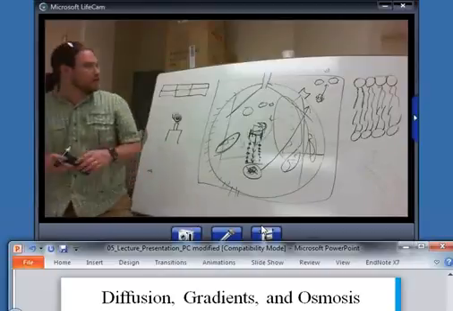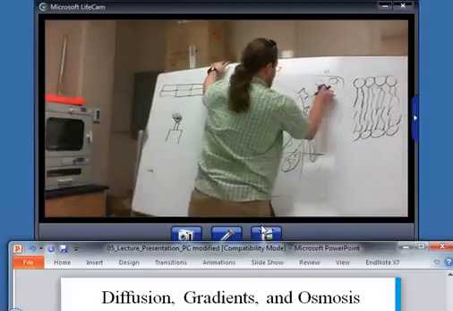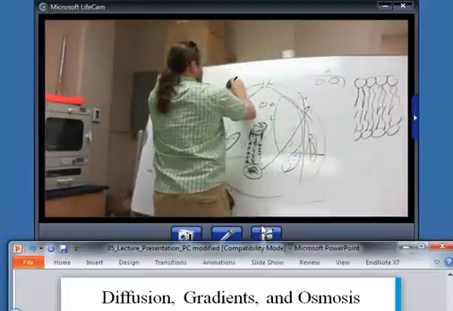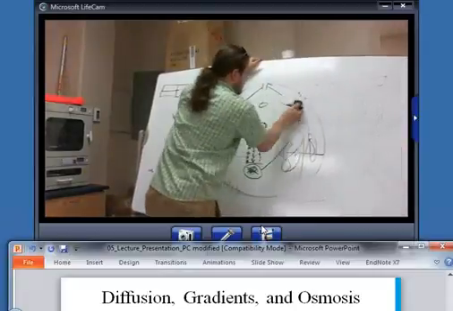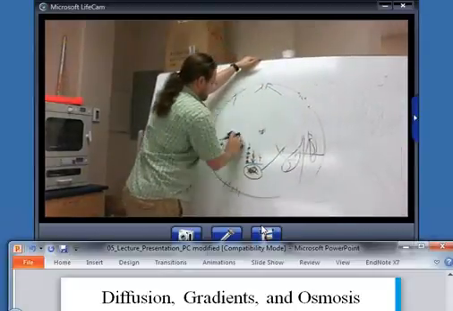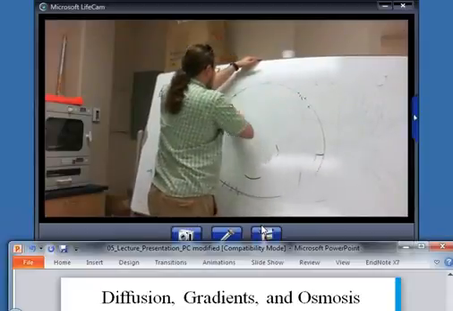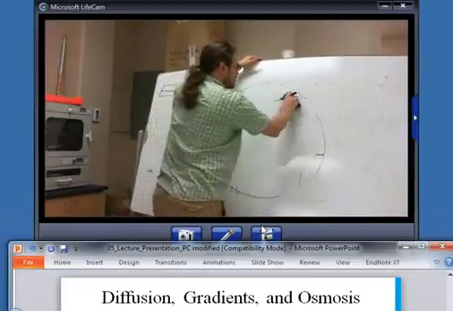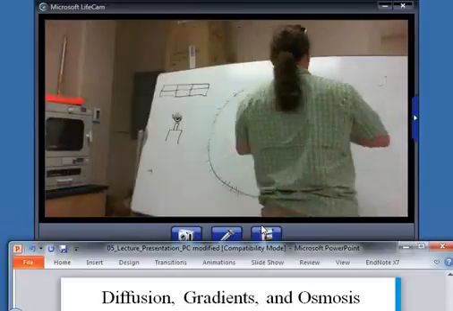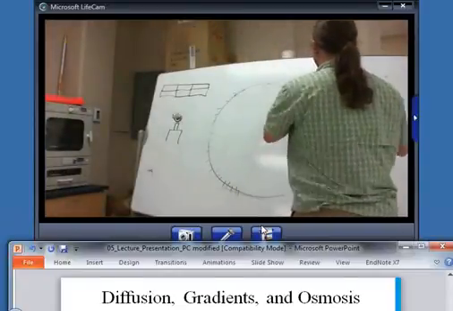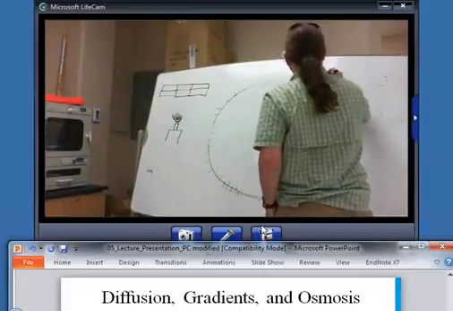So let's use our cell here and draw some of our organelles inside, just so that we can show what's going on. If we have our cell, and let's say that it wanted to get those sugars in that we've broken down. Or actually, let's use an example of salt. Let's say it needs salt, because we'll talk about sugars in a different way in a minute.